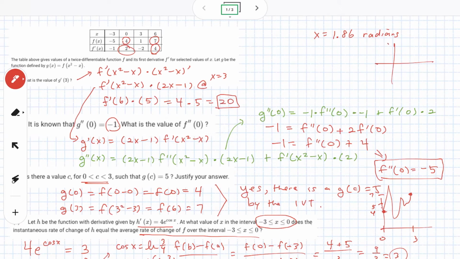So if I just say 2 pi over 3, for instance, that's 209 degrees. So I know that 1.86 radians is maybe around here somewhere.